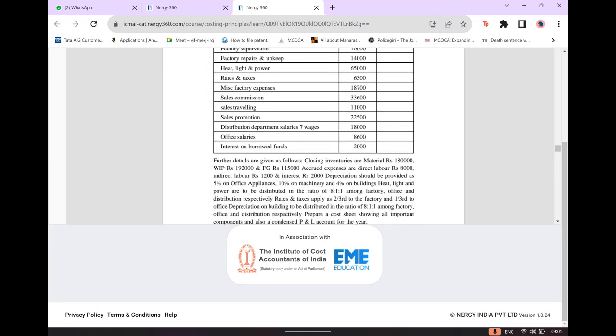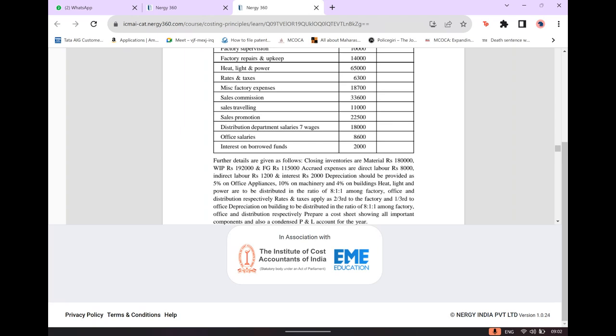Further details were given. Closing stock of material 1,80,000, WIP 1,92,000, and finished goods 1,15,000. Accrued expenses are direct labor 80,000, indirect labor 8,000, and 1,200, and interest 2,000.